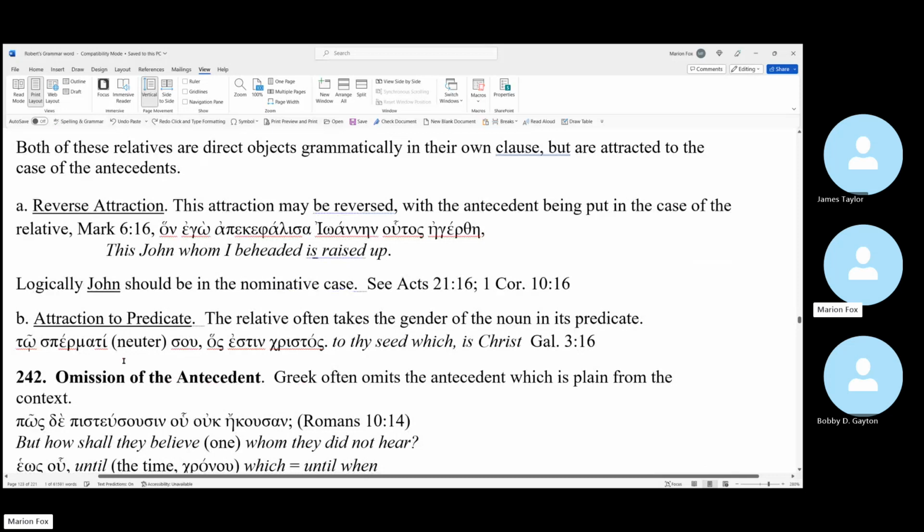The promises to you and to your children and to thy seed, which is Christ. And so there it is. Christ is in the predicate, Christos, and there's your relative pronoun. Which one is Christ? Okay.